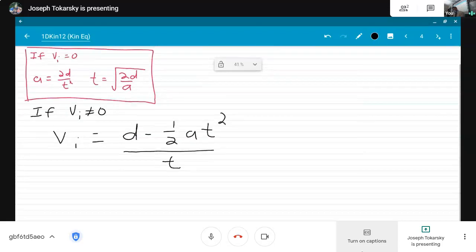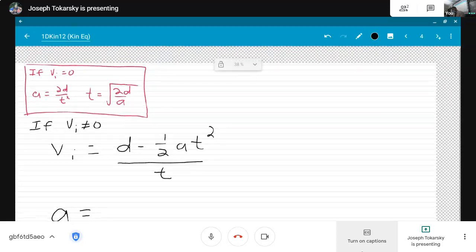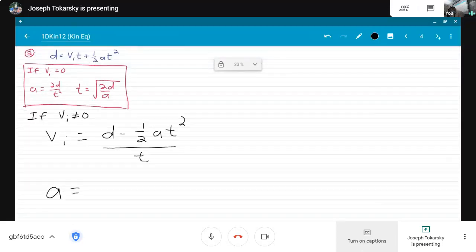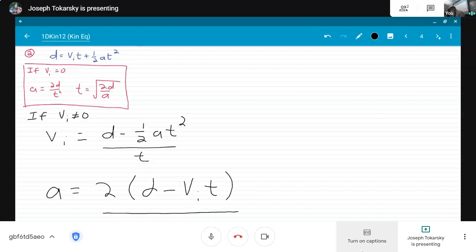If we solve for A and Vi is non-zero, it's going to be A equals 2 times the quantity d minus Vi t, all over t squared. I'll just write this one off to the side.